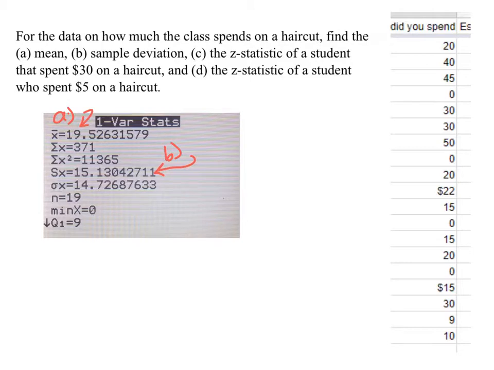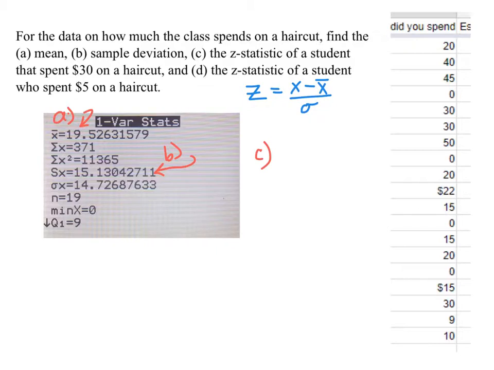So part C says find the z-statistic of a student that spent $30. If you recall, let's just write this up here. The z-statistic is equal to the number of interest minus the mean divided by the standard or sample deviation. I'm kind of mixing my things here.